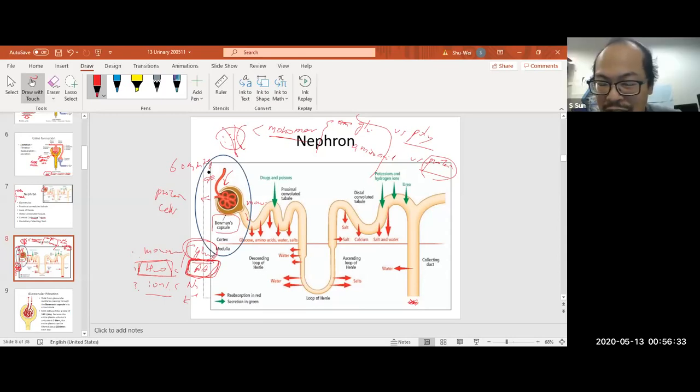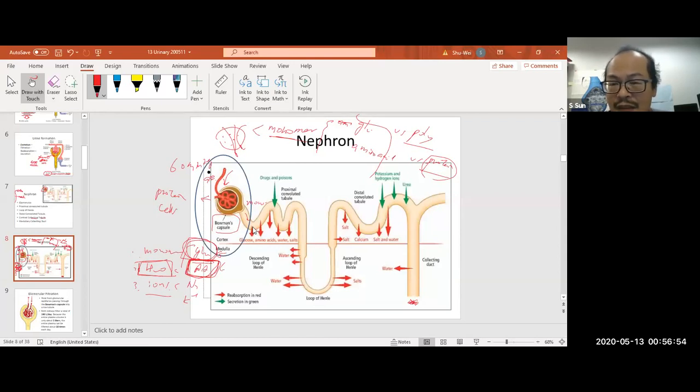So glucose, you need to work, you need to gather, you need to spend money to buy it. Protein, you also need to spend money to buy it. So these two are very important, and we don't want to see them in our urination.